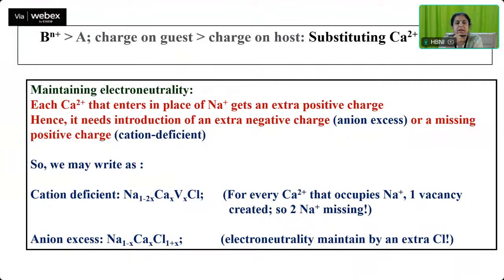And in this, we studied the first scenario wherein the charge on the guest ion is greater than the host ion, in which we expect the formation of either the cation deficient solid solution or the anion excess solid solution. And for both the cases, we tried to sort out how to write the nominal formula when I'm assuming one of these mechanisms.